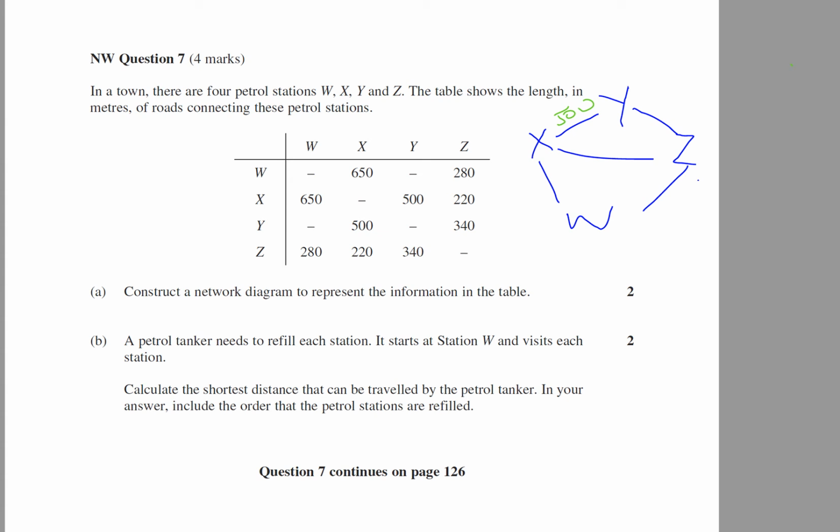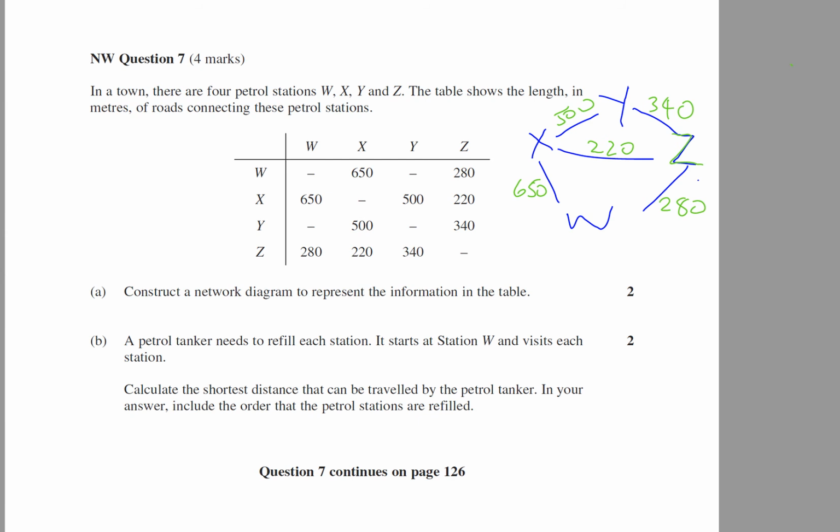Y to Z is 340. X to Z is 220. X to W is 650. And W to Z is 280. Make that clear, right? That's a Z there.